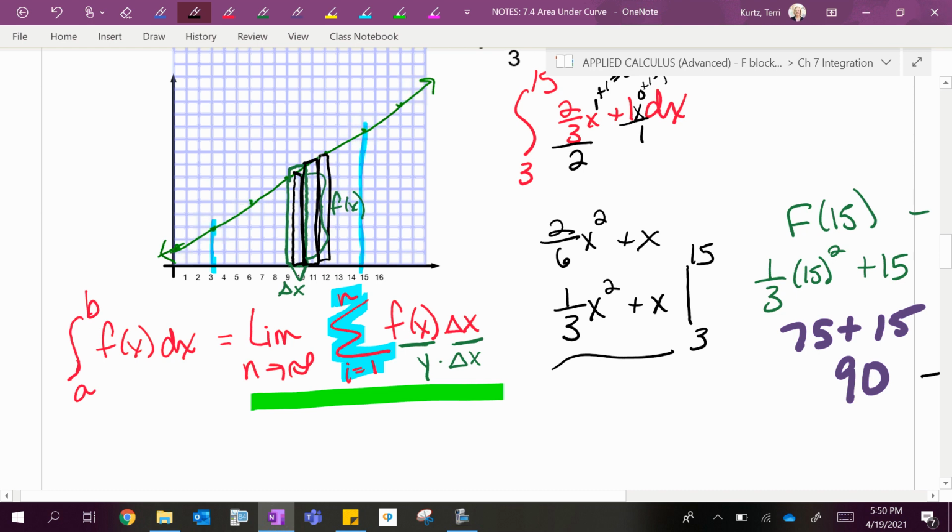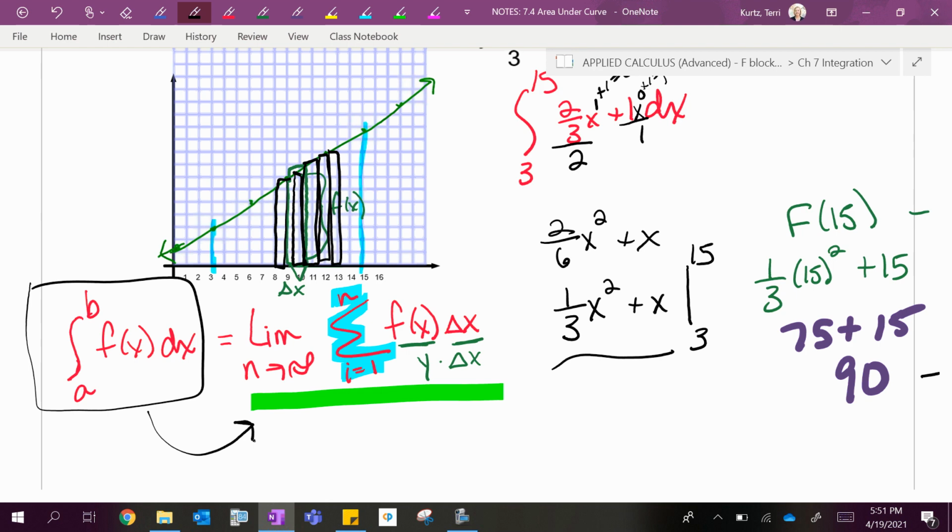And by taking the limit as n goes to infinity, this value represents the area of these rectangles, and we're making them infinitely smaller rectangles and adding their area together, okay? Now, we're not doing that actually, but the definite integral represents taking that limit of all those rectangles and adding them together and making them smaller and smaller, okay?